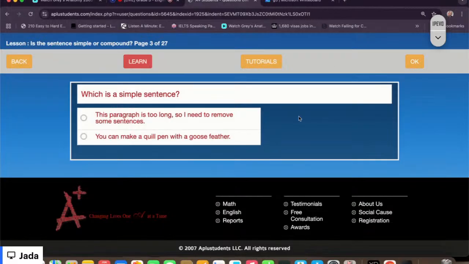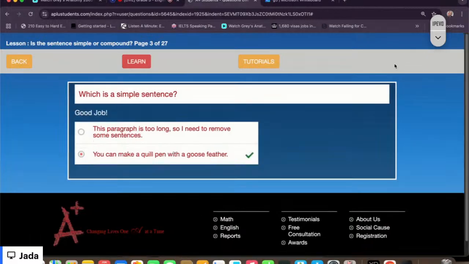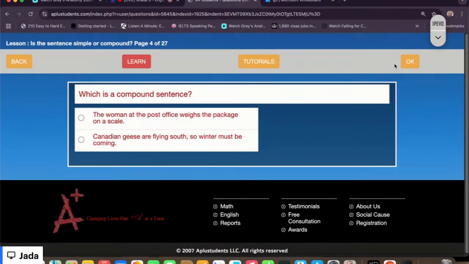Okay, so we have the second one, which is a compound sentence. The woman at the post office weighs the package on a scale. Canadian geese are flying south, so winter must be coming.